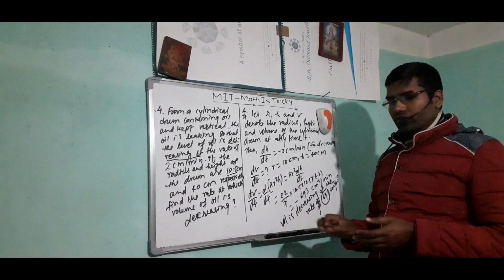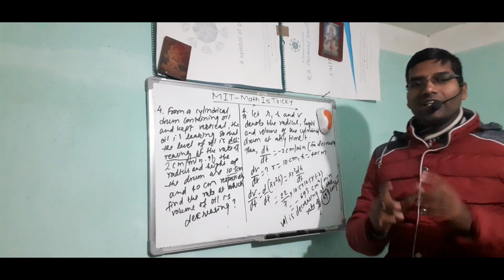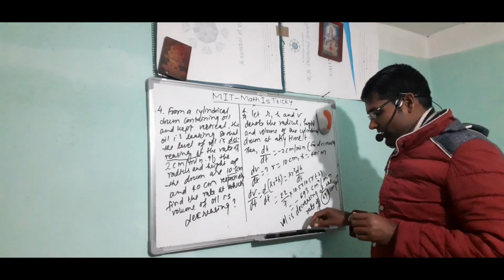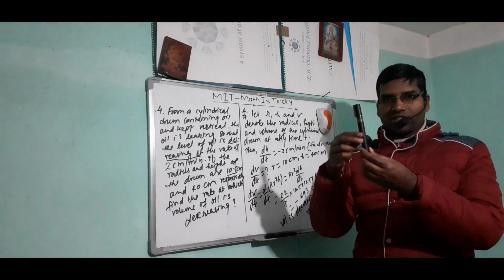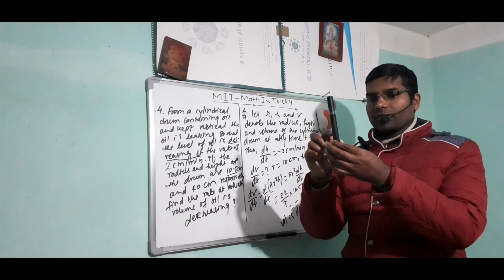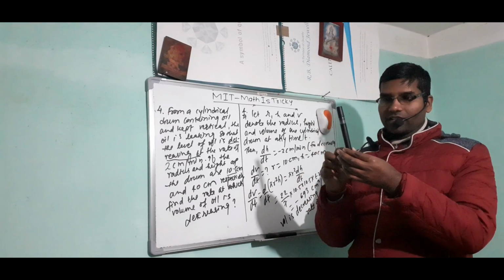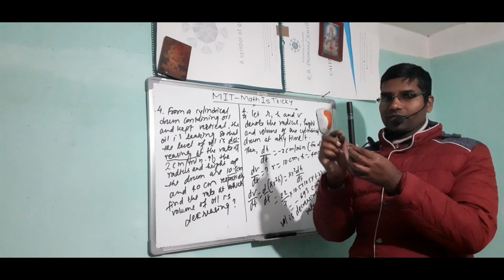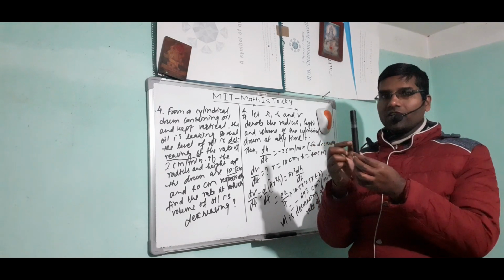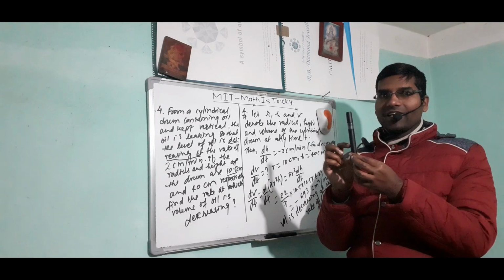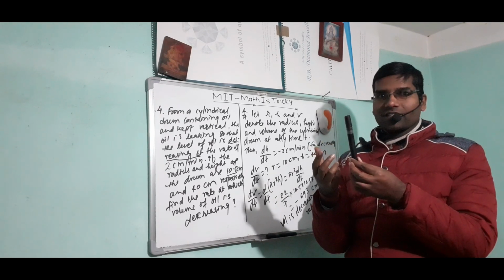So hope you understood this. What I did here, in the case of a cylinder, remember this is the shape of a cylinder. If you see here, with respect to time, only height and volume will be changing. There will be no change in the radius of this cylinder, so radius will be considered constant. Pi is constant.